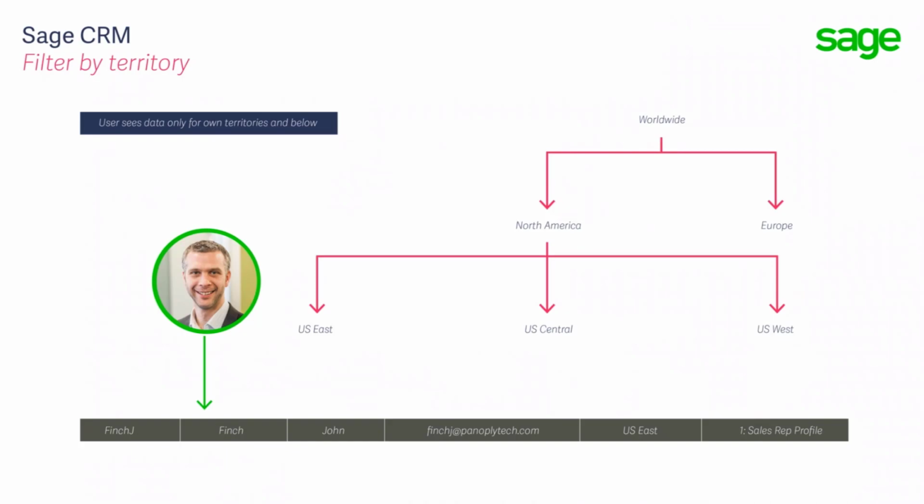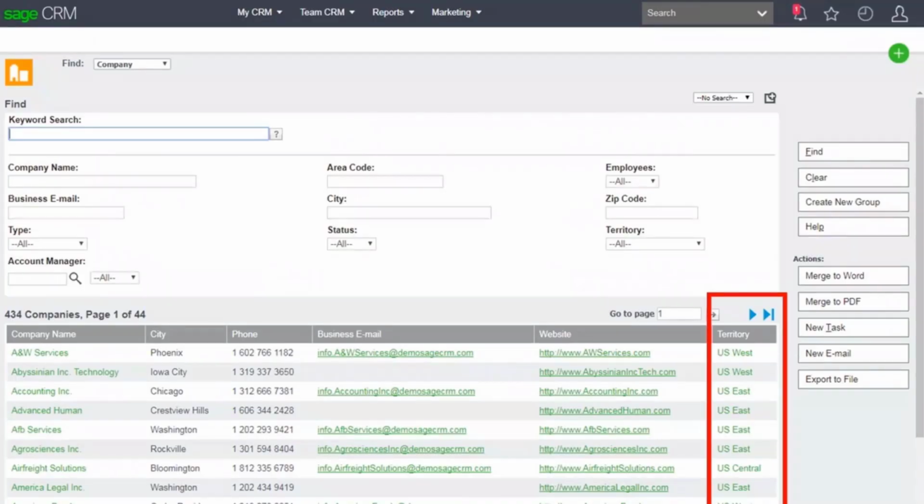Compare that with this screen, and here you can see that this is showing the search results for Susan May. She's in the territory US and Canada, and she can see all of the data below her. You can see here I'm doing a find company, and there are 434 companies that she can see.